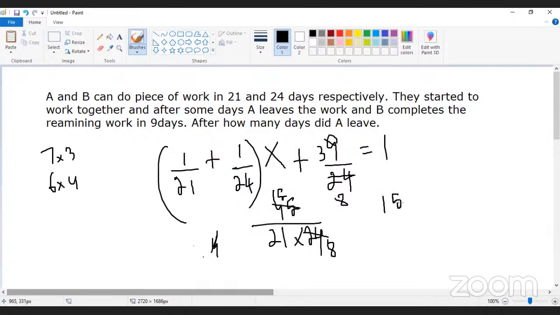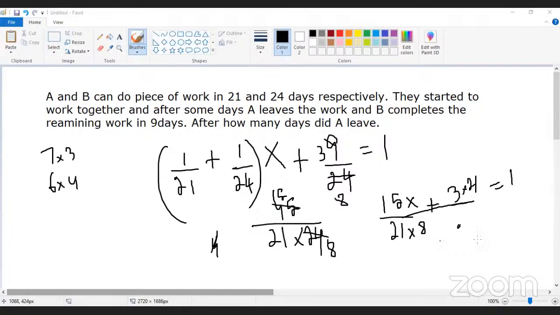So 15 by 21 times 8, x, plus 3 by 8. Then this would be into 21 if I want to take it as an LCM. So this is equal to 1. This is one method of doing, just taking up the standard way.